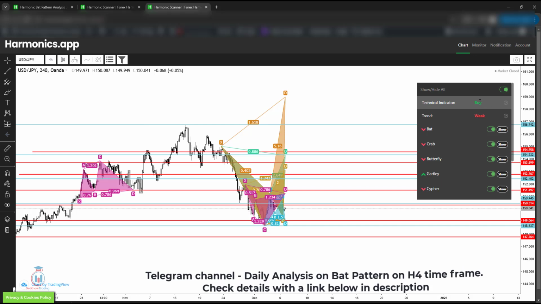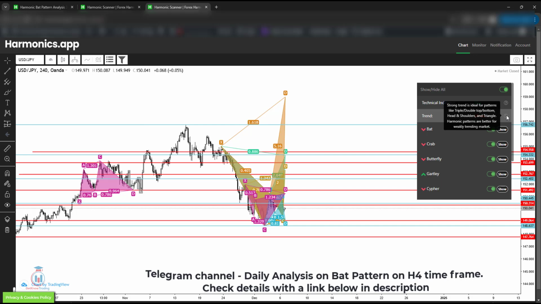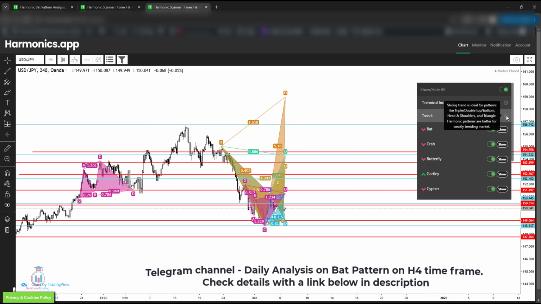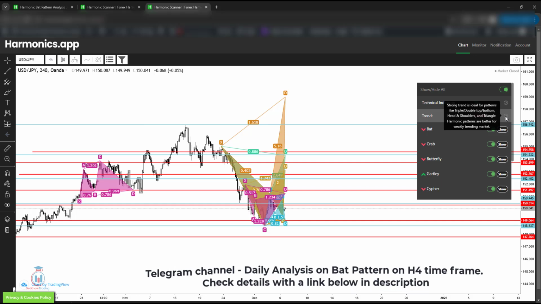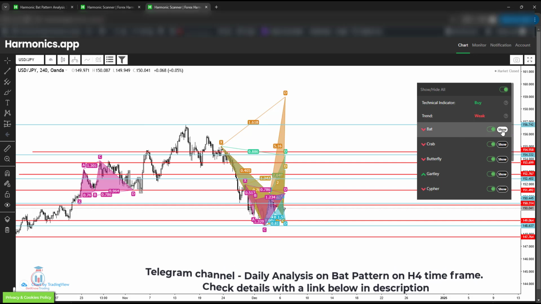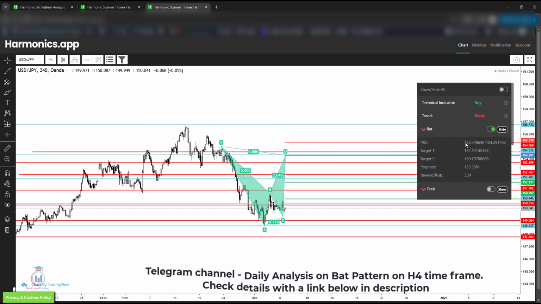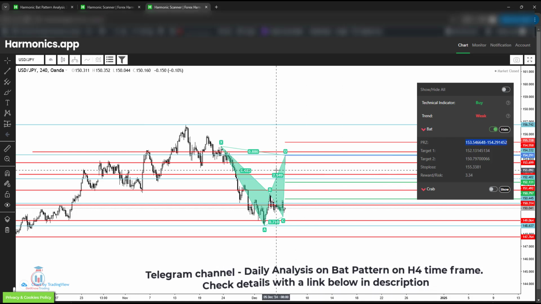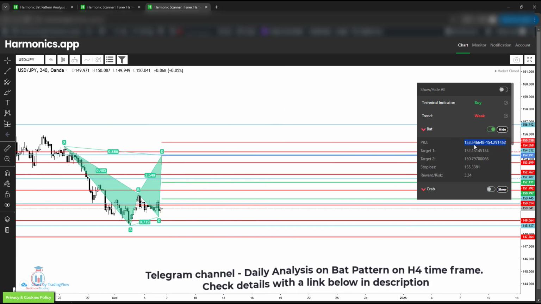You have a technical indicator which shows you a buy. You can see this information right here. You have a trend, which is weak, and also information on how to use it in your favor. Whenever you open this small window, you will have the potential reversal zone. This is the gray area here, which is a good area to enter the trade.